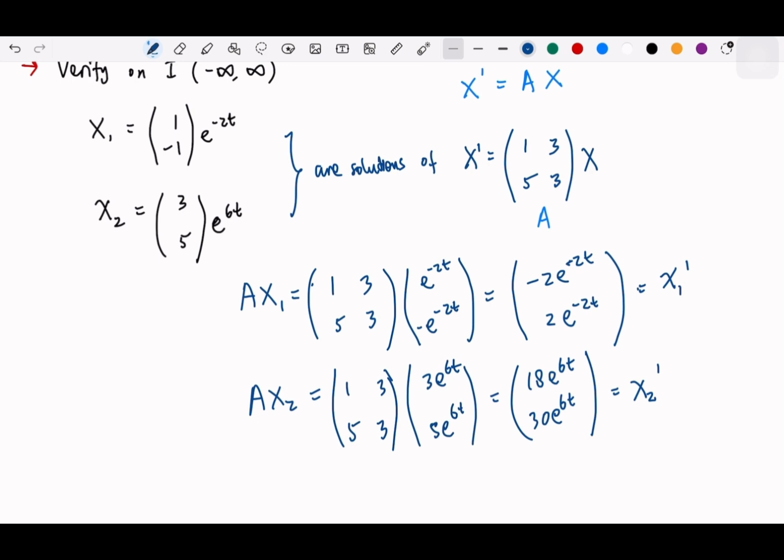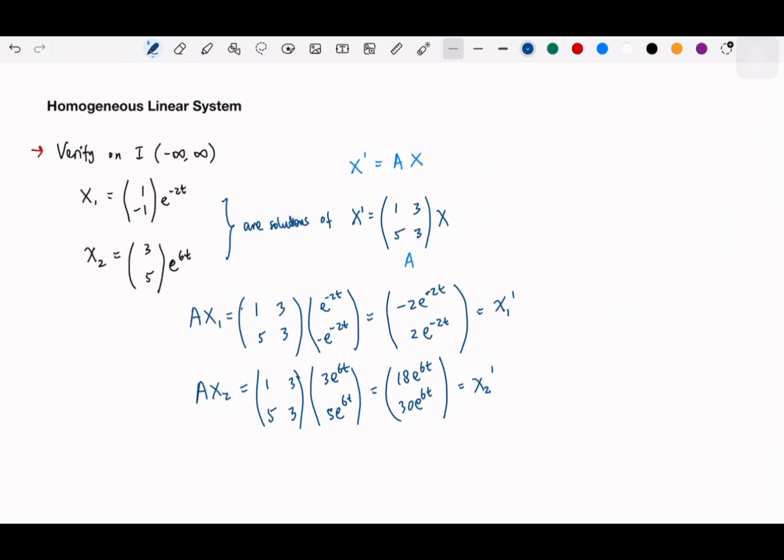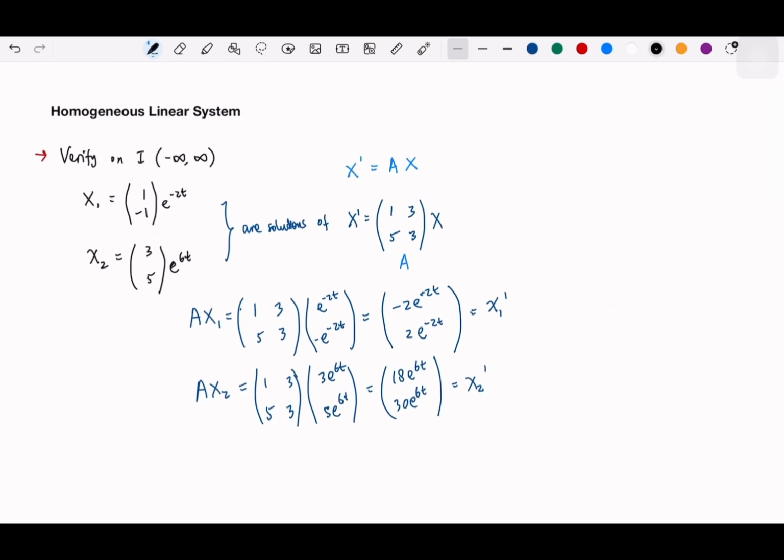Now if we check through the Wronskian, we write here, checking independency through the Wronskian.